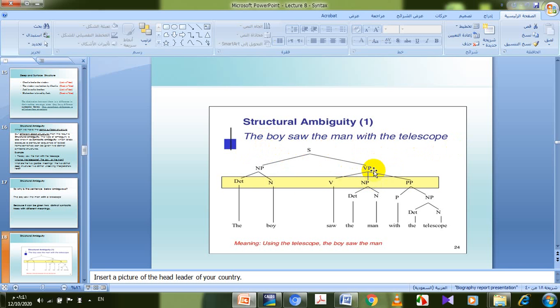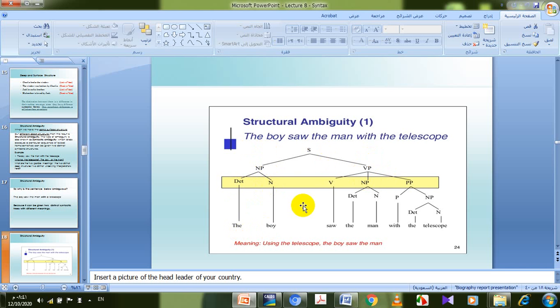Noun phrase, verb phrase. Next, the noun phrase is subdivided into determiner or article, the or an, and noun: the boy.